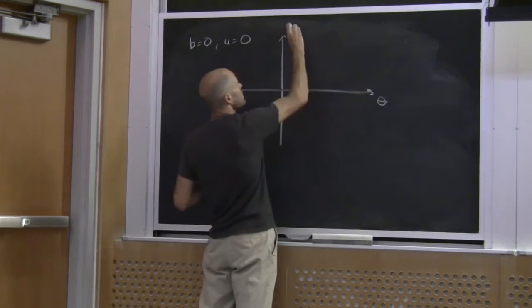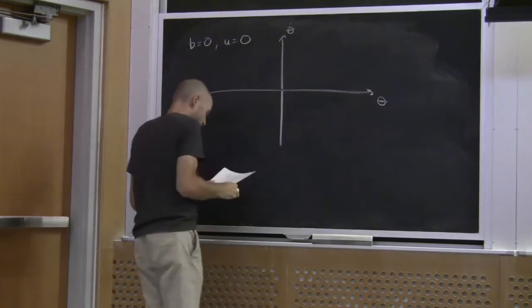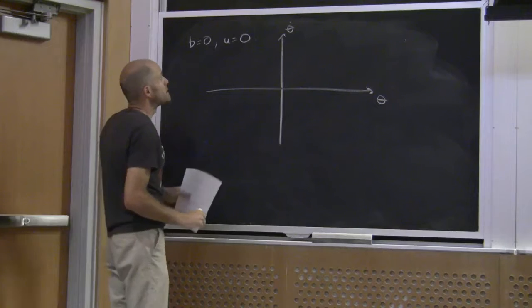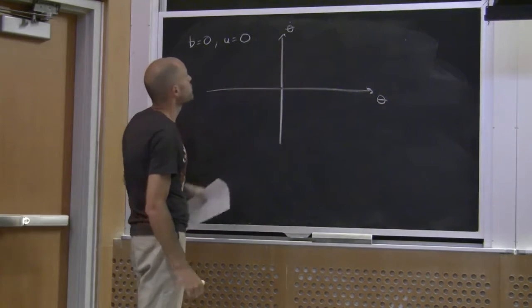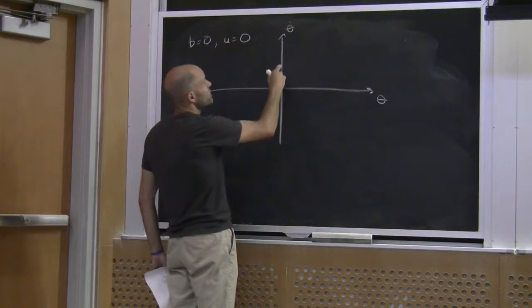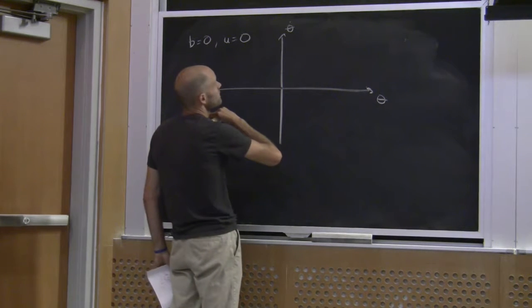So theta dot. Now, if I were to walk along theta equals 0, then it turns out the vectors are very easy.